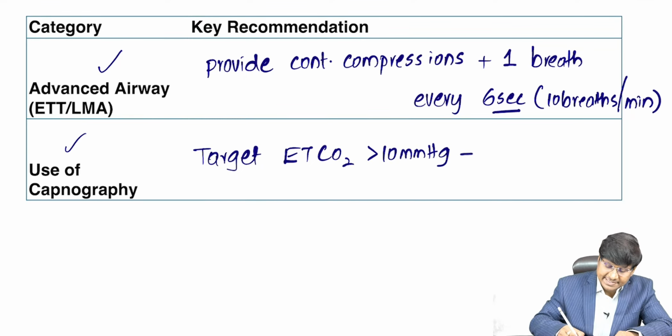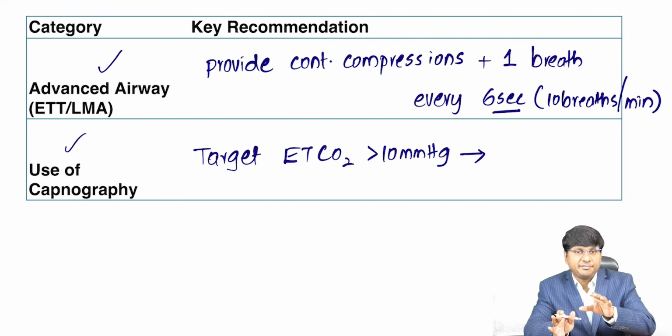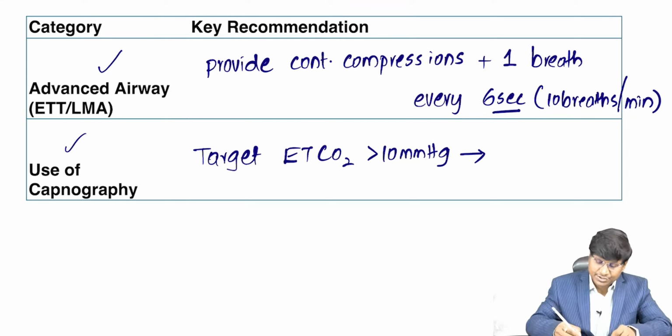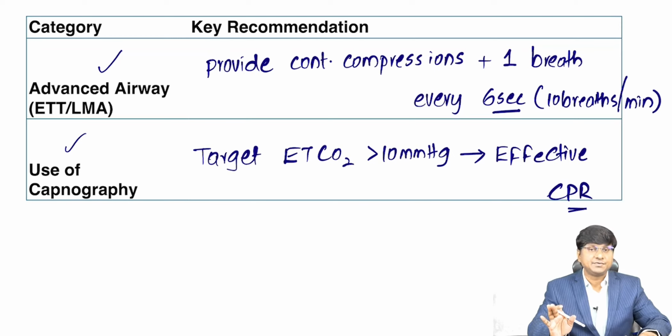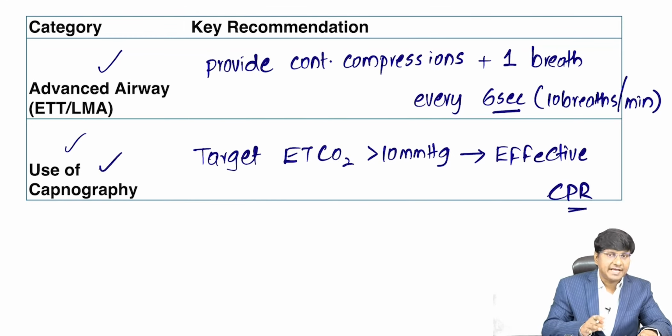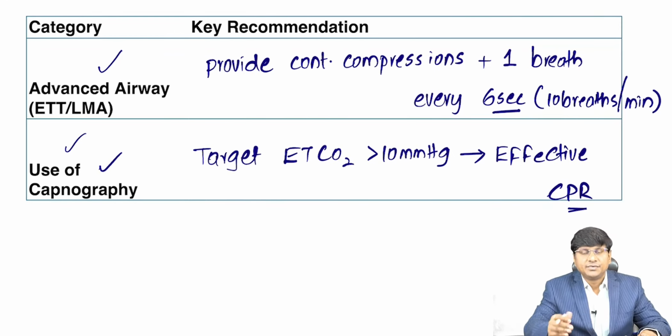When the EtCO2 is more than 10 millimeters of mercury, that indicates you are giving effective CPR. So the use of capnography is mainly to assess whether the CPR is effective or not.